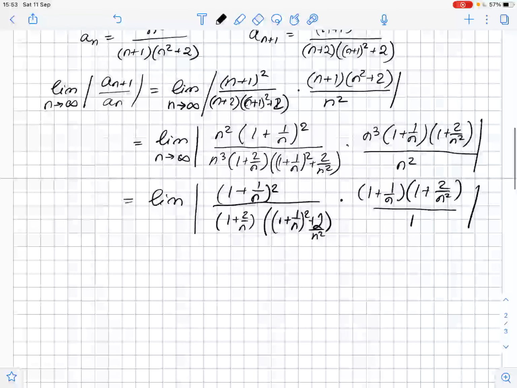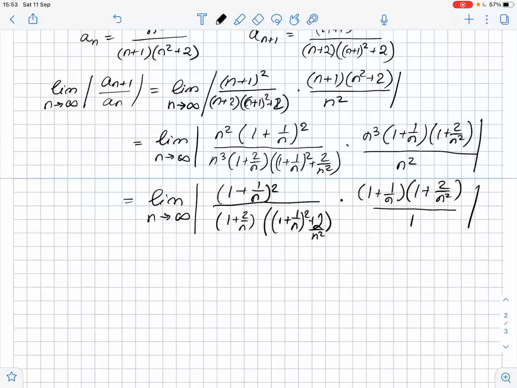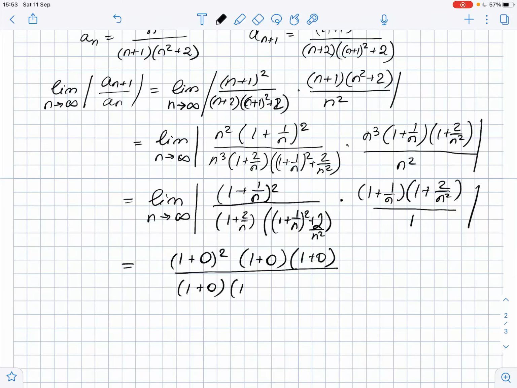Then, since n approaches infinity, that means that 1 over n approaches 0, 2 over n approaches 0, and 2 over n squared also approaches 0. So we get that this equals (1 plus 0) squared times (1 plus 0) times (1 plus 0) divided by (1 plus 0) times (1 plus 0) squared plus 0, times 1.